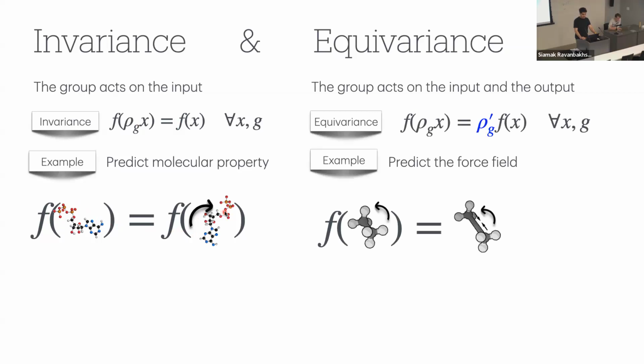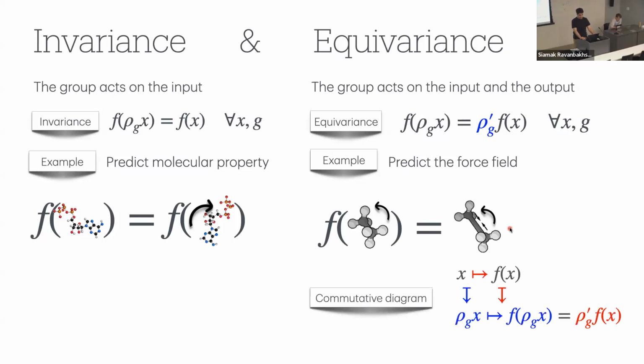Equivariance instead is more general. It says that if we transform the input of the function, the output is going to be transformed, potentially using a different action of the same group. For example, if we have this molecule and we're predicting force fields, so predicting a vector per each atom here, if we rotate the molecule, we want this set of vectors that we're predicting to also be rotated.